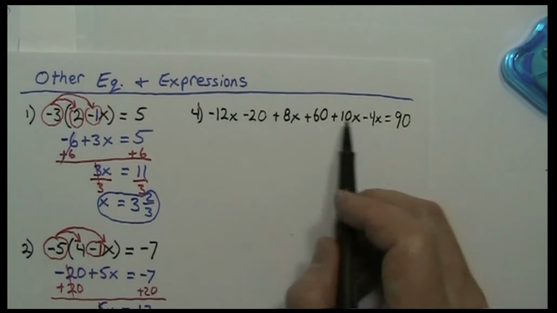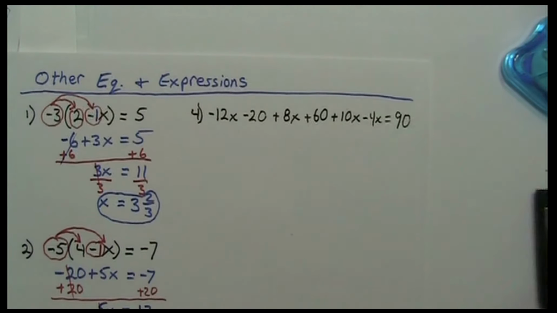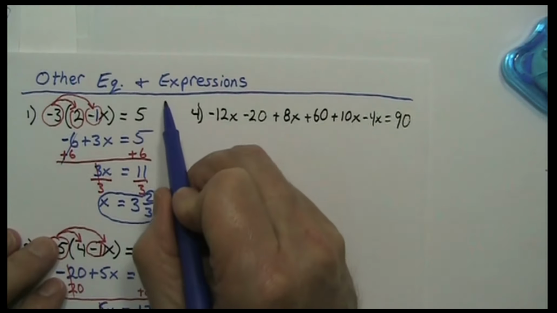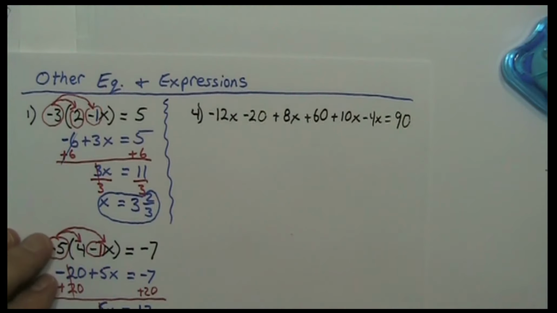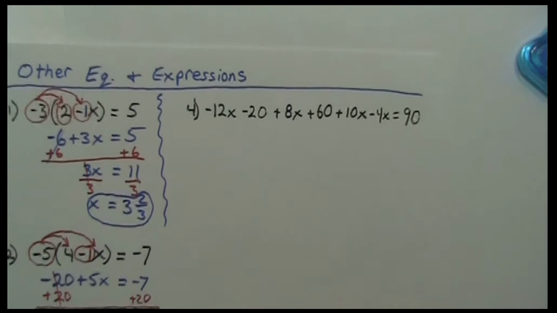Okay, number 4 is a long problem. You may want to slide it over as far as you can, and then just kind of divide it out, separate it. I should have moved mine over further. Let me zoom in for you.